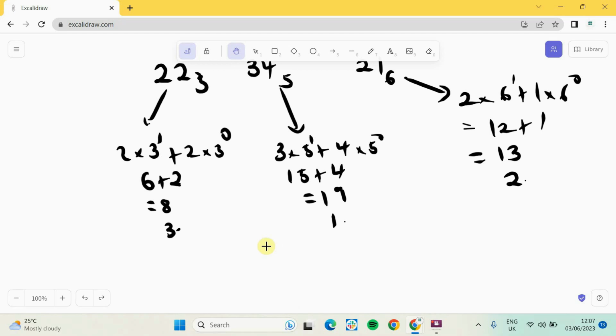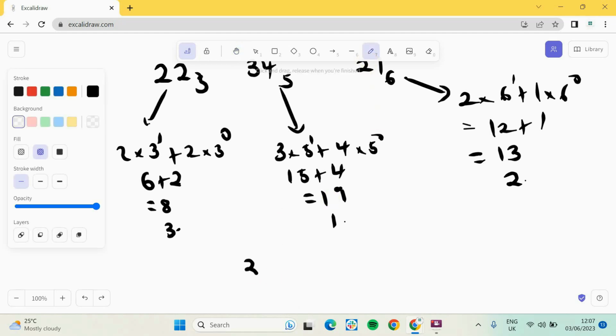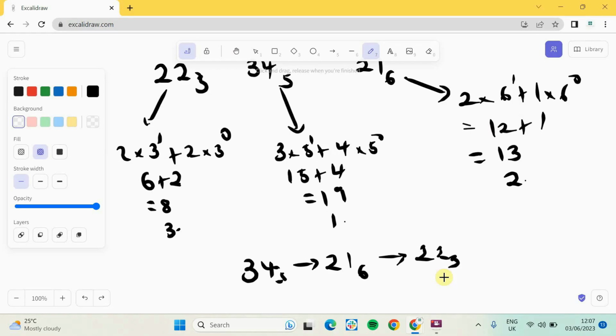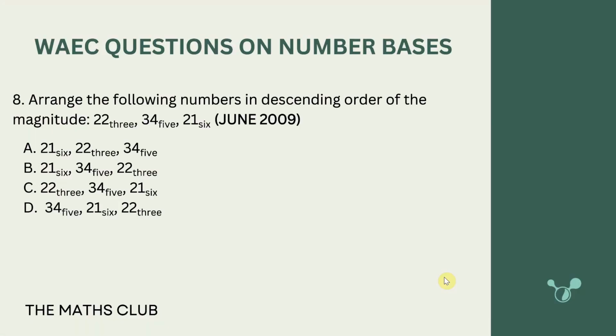That will be 34 base 5, to 21 base 6, to 22 base 3. So let's see: 34 base 5, 21 base 6, 22 base 3. That is option D. Great, option D. So our answer is correct.